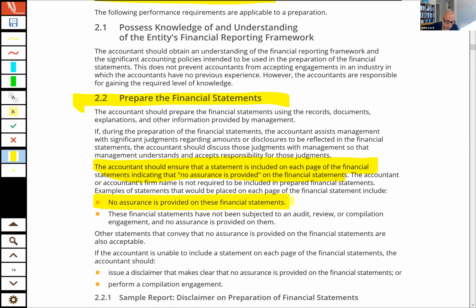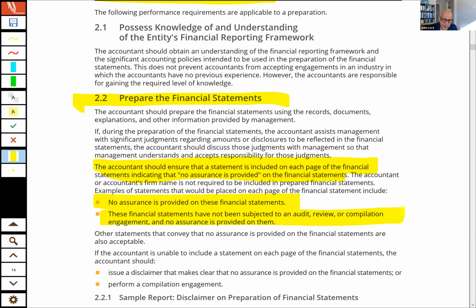No assurance is to be provided on these financial statements, and so we have to note that there has been no assurance provided. So we haven't audited, we're not reviewing, we're not compiling, and no assurance is provided on the statements.